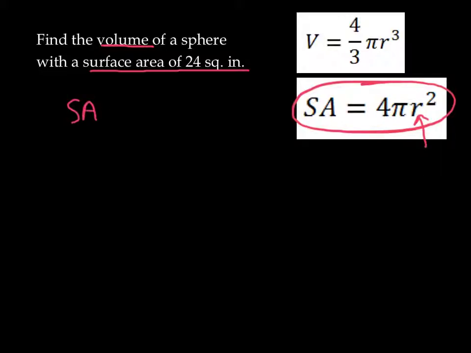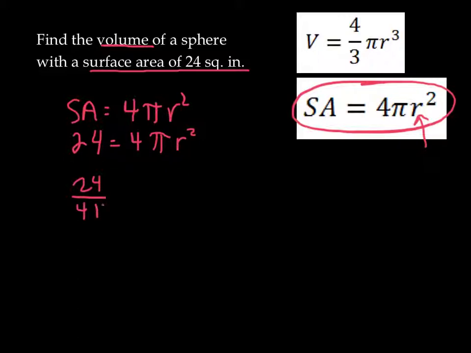Surface area is 4 times pi times r squared. Our surface area is 24, so we get that 24 is equal to 4 times pi times our mystery r value squared. Dividing by both 4 and pi, we get 24 over 4 pi equals r squared.